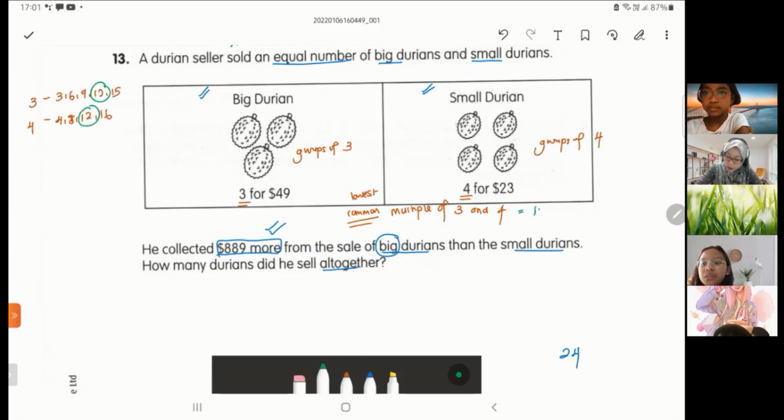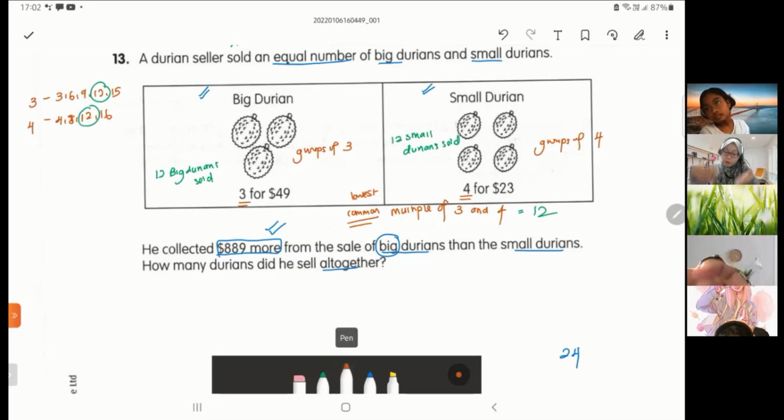Now, which means there are 12 big durians sold and 12 small durians sold. Understand? Now, can I find the cost of them? I'll use a box to write all my information easier, right? Okay, so I know that I want to find 12 big durians and 12 small durians.